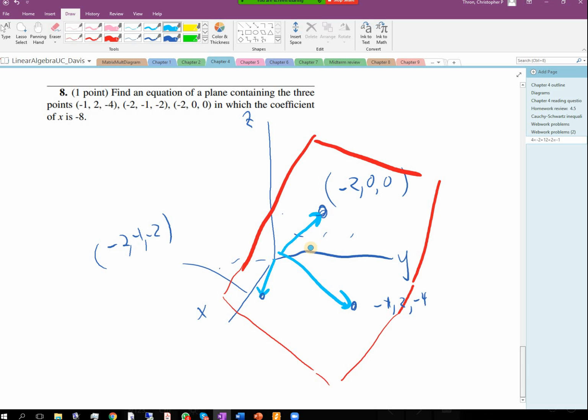All right, you could find the magnitude, but that's kind of hard to see how those would combine to get you a plane. I mean, you've got your 3 fingers going out like this, and the 3 tips of your fingers are on the plane, but that doesn't really tell you anything about the plane itself.